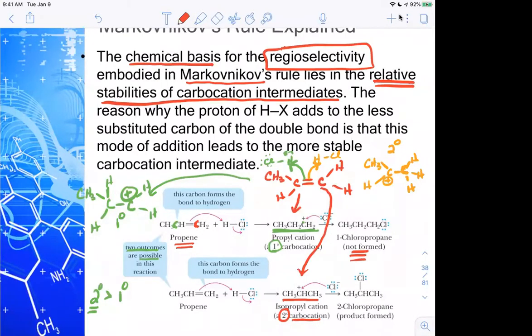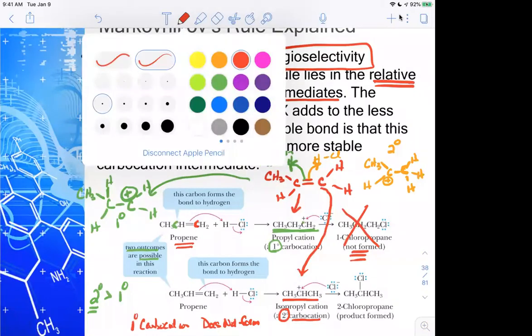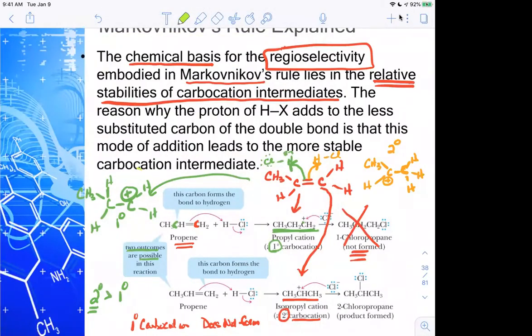Notice this is not formed, and that's because I do not form this carbocation. The primary carbocation does not form, so this entire pathway is wrong. I can always form two carbocations from my double bond. This is carbocation number 1, this is carbocation number 2. That is because, do my electrons swing out the orange way or do they swing out the green way?